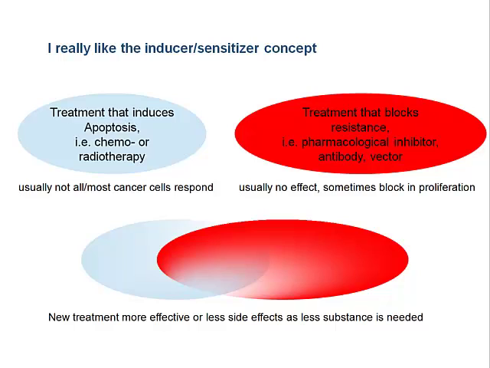So basically, the idea is use less stress on the patient by killing equal or more cancer cells. So either increasing the quantity of life or the quality of life, or both. Okay?